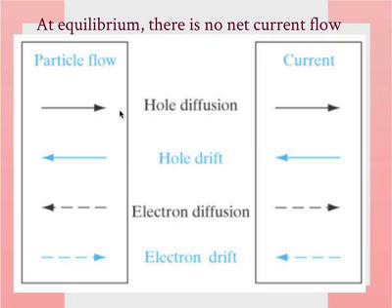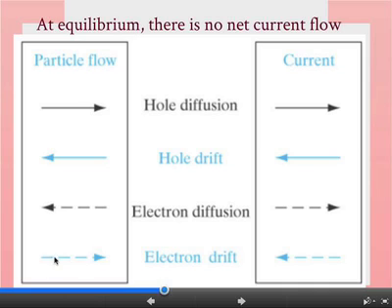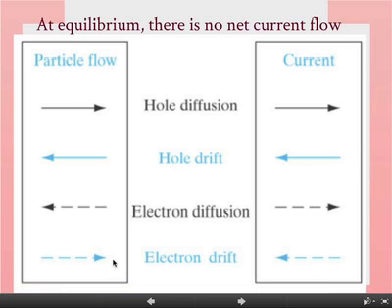We saw this before. So if you look at the particle flow, you have the hole diffusion going from p-type to n-type. You have the hole drift going the opposite way, because the field is pointing in that direction. And then you have electron diffusion going from n-type to p-type, and the electron drift going the opposite way. And each of these must cancel each other. So if you look at the current, the hole diffusion current is the same direction as the flow.